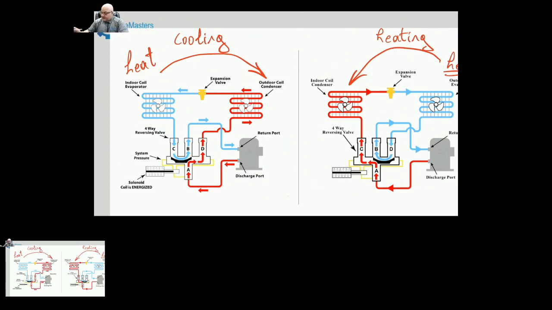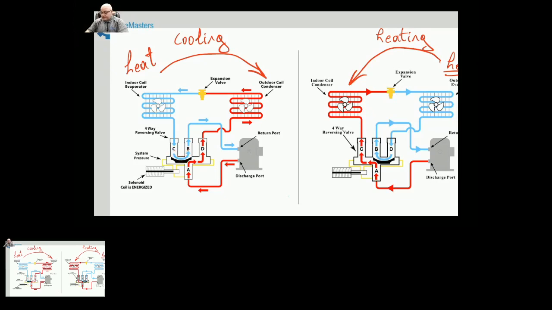Right. And now you are obviously seeing the difference in the location of that armature that moves inside the reversing valve. When it is here, as you can see, B and D are open to each other. When it is to the left, C and B are open to each other.